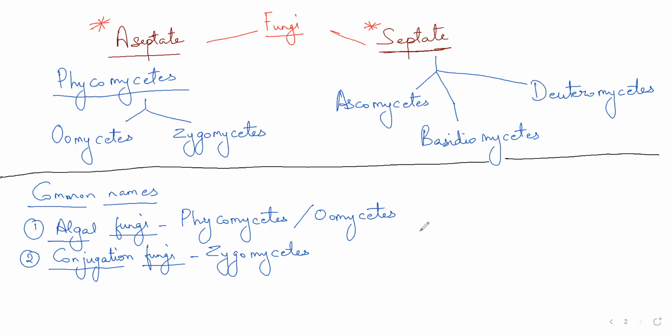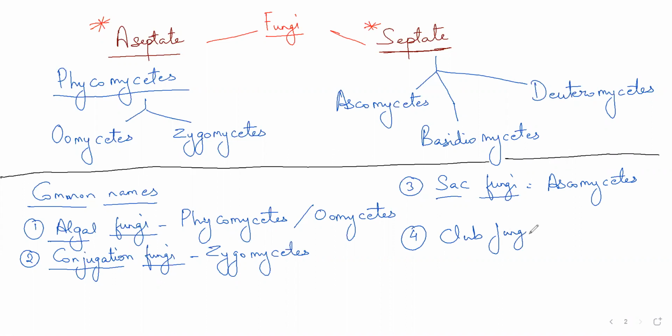Then the third common name, the sac fungi: Ascomycetes. Then the club fungi: Basidiomycetes.